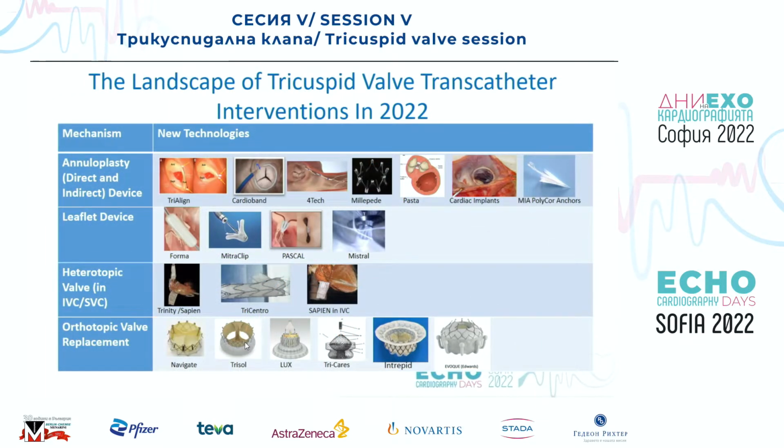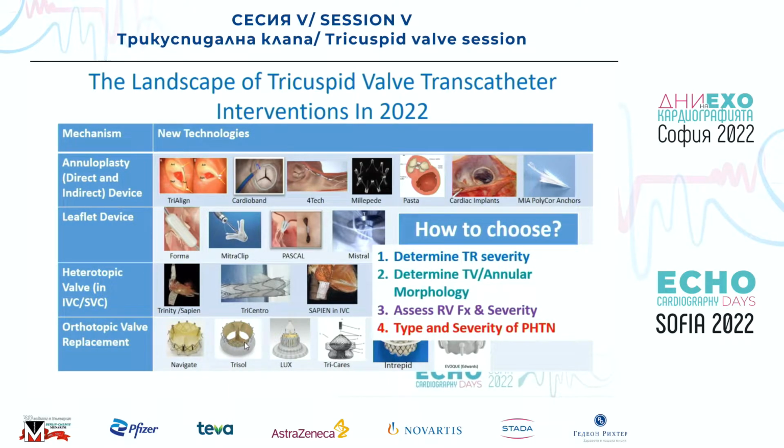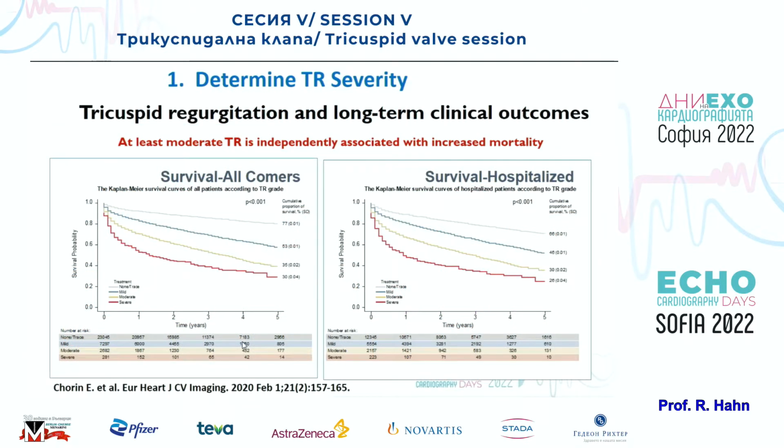When one thinks about the tricuspid transcatheter device intervention field, one has to go through the same algorithm as for the surgical interventions. We need to determine the severity of TR, determine the tricuspid valve and annular morphology, assess right ventricular size and function, and the type and severity of pulmonary hypertension.